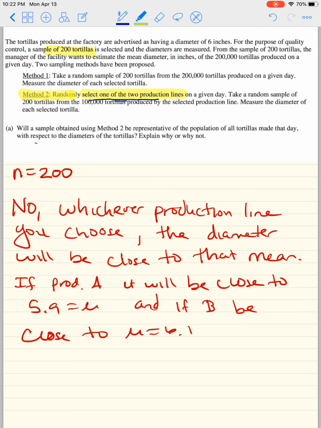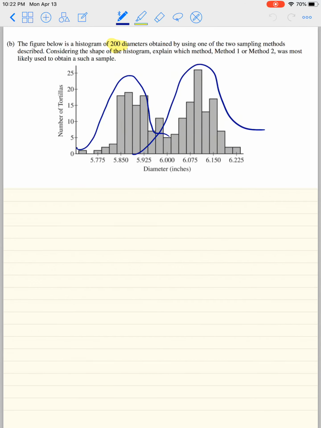So if it was going to be method 2, then all your tortillas would be around 5.9, all of them, or 6.1, depending on what you chose. But because it's both of them, this is going to be method 1. And the reason why is because the bimodal shape shows that it was in both production lines, okay?